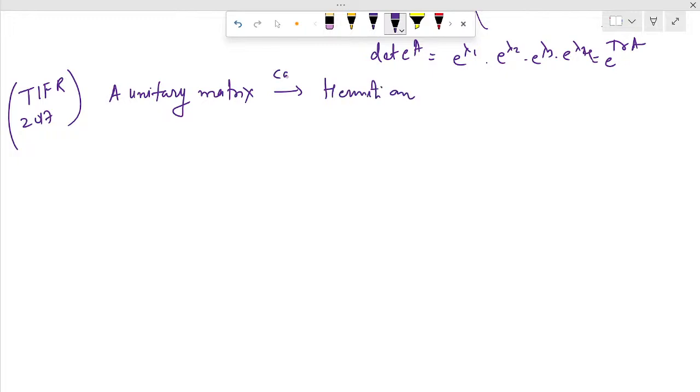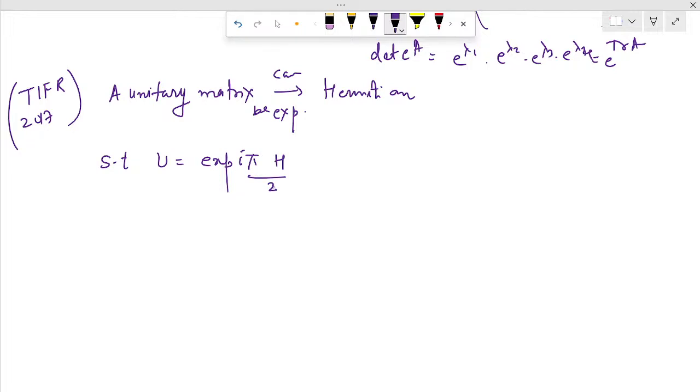I'm not writing the entire question. It can be expanded in terms of a Hermitian matrix such that U is equal to exponential of iota pi H upon 2. This is what they have given to you.